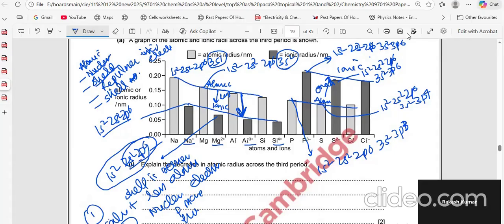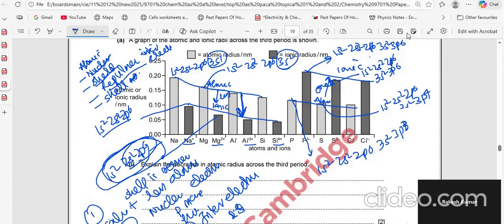And repulsion is reduced because there are fewer electrons. Don't say spin pair, because this is the effect of all of them. There are fewer electrons in totality outside now, so they repel each other less. Inter-electronic repulsion is reduced. If there are fewer electrons and more protons occupying the same space, there will be less repulsion among the electrons.